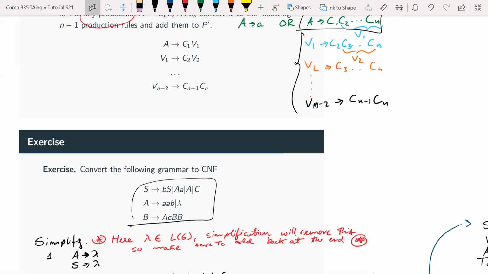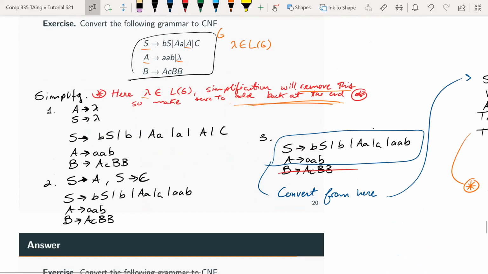But maybe one thing to note here is that if this is G, lambda is in fact in L of G here, because S gives you A and then A gives you lambda. So what I write here is that in your simplification step, you remove this lambda and then make sure to add it back at the end. Okay, so that's what we're going to do.